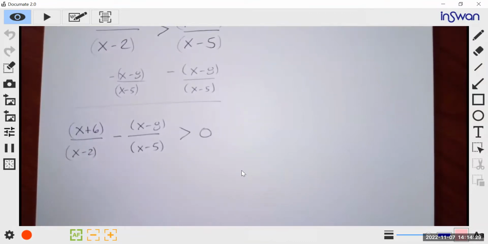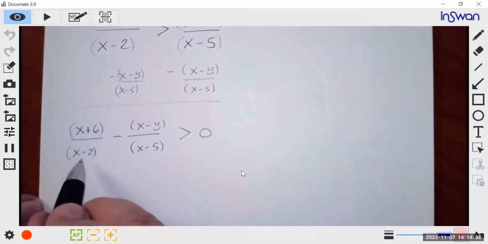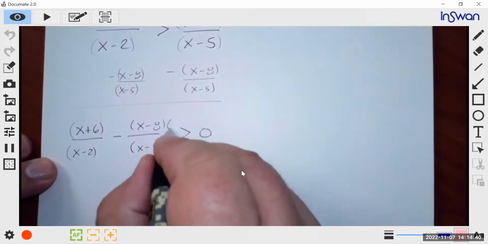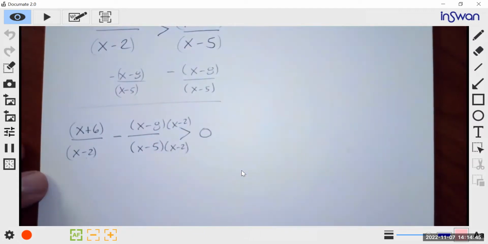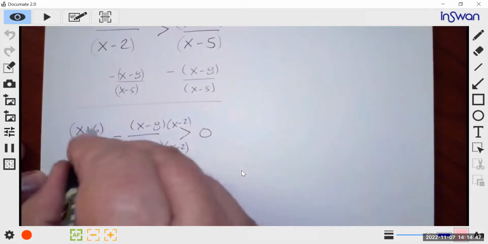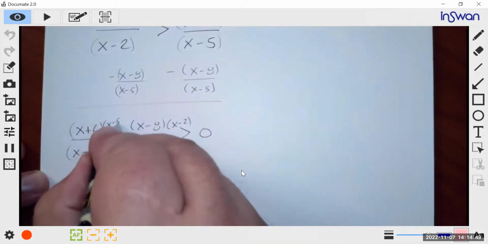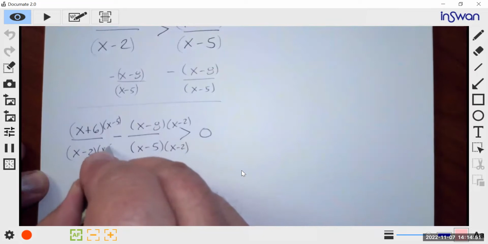Now what do you got to do? LCD. This one has an x minus 2 on the bottom. This one needs an x minus 2, top and bottom. This one has an x minus 5. This one needs an x minus 5, top and bottom.